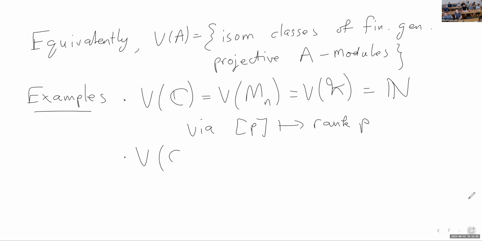The semigroup associated to continuous functions on a compact Hausdorff space is, by the Serre-Swan theorem, maybe with this observation in mind, the set of isomorphism classes of vector bundles over the space.